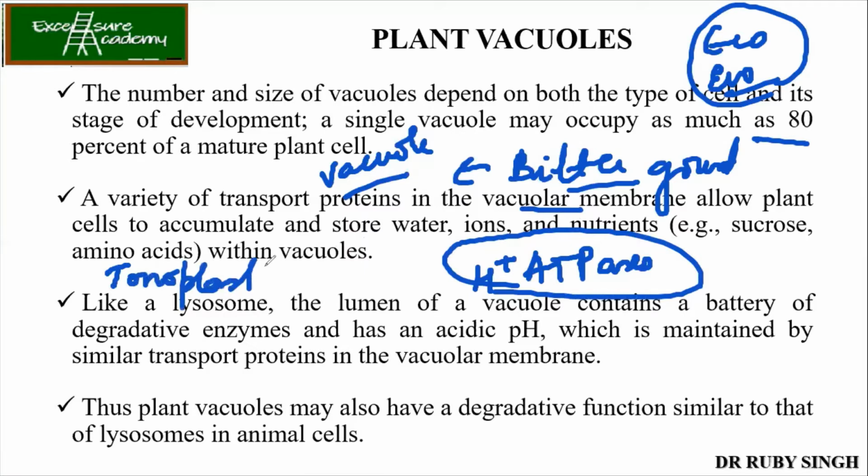Like the lysosome, the lumen of the vacuole also contains a battery of degradative enzymes and has acidic pH. This acidic pH is again maintained with the help of H plus ATPase, similar to lysosomes as we discussed in the previous lectures, by similar transport proteins in the vacuolar membrane.